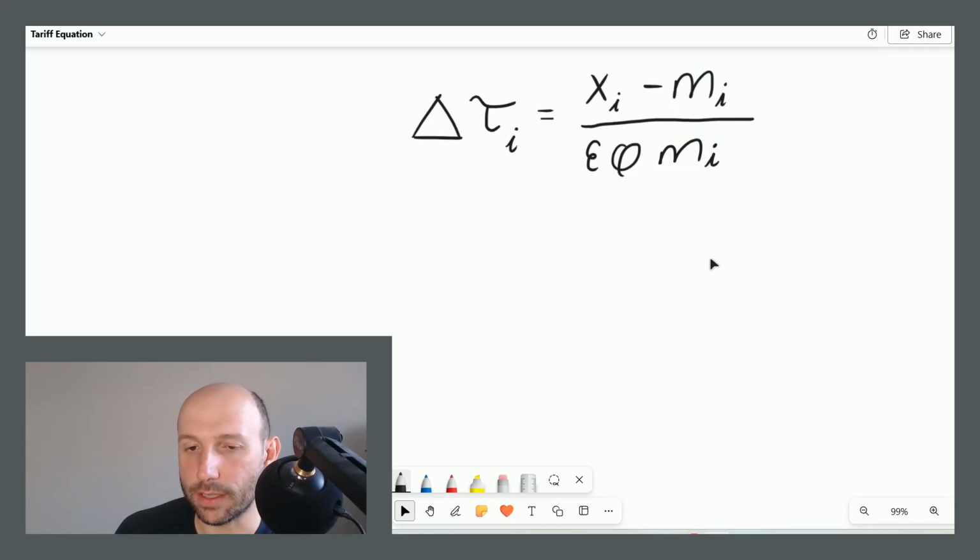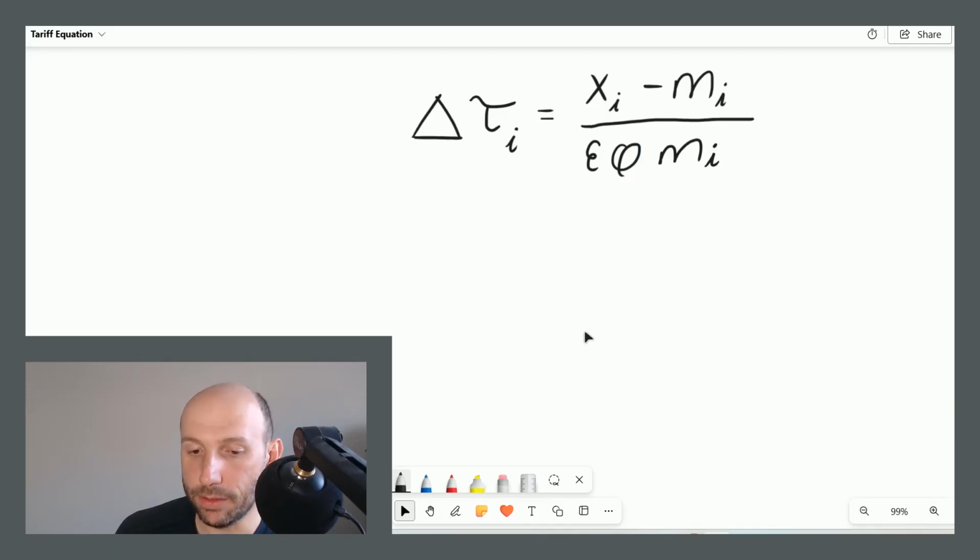Those values with a subscript i are values that are different for different countries. Okay, so the change in tariff rate, the exports to a country, the imports from a country, that's different for different countries. Whereas epsilon and phi, they're the same for all countries. Okay, there's no subscript i there.